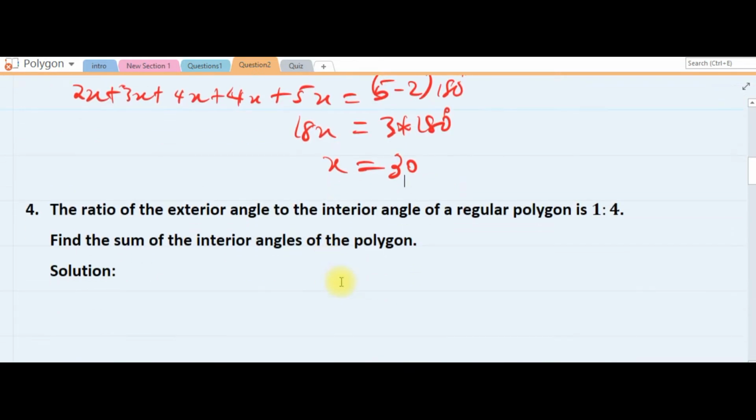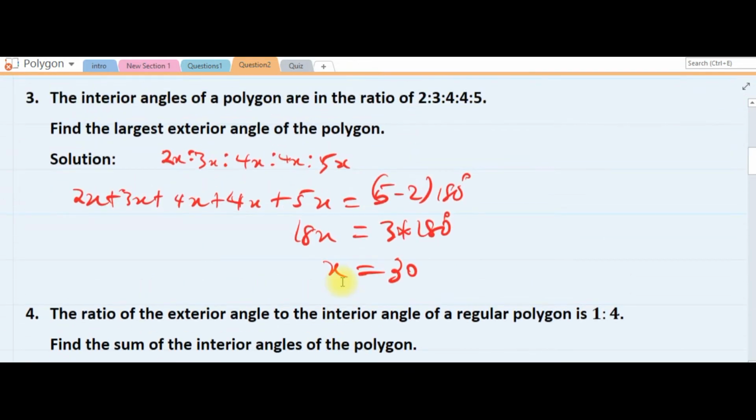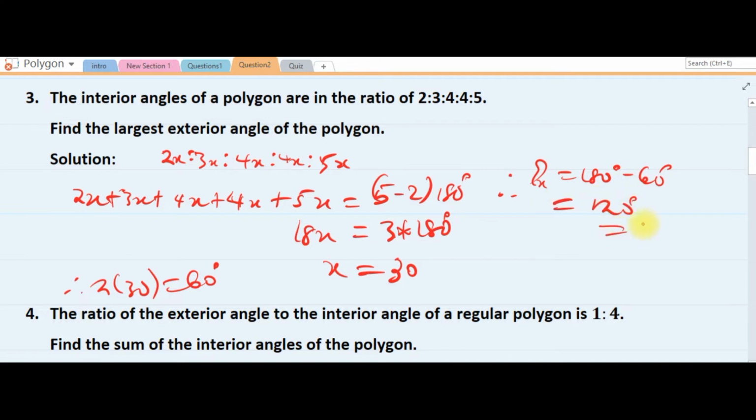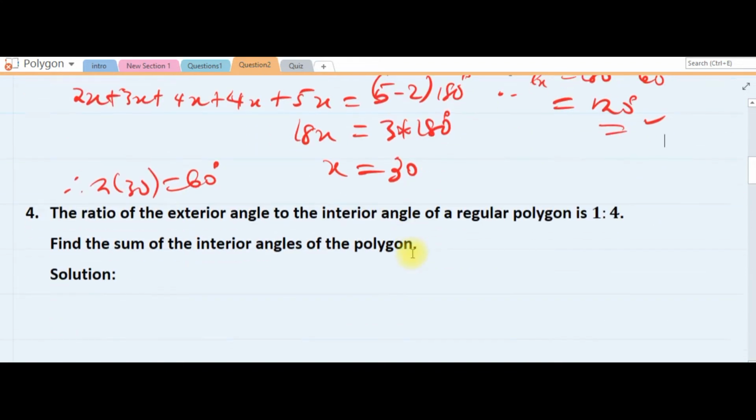So x is 30. But the least interior angle here is 2x. So we have 2 times 30, which is 60 degrees. Therefore, the exterior angle is 180 minus 60. That's the relationship between the interior and exterior angle of any polygon.